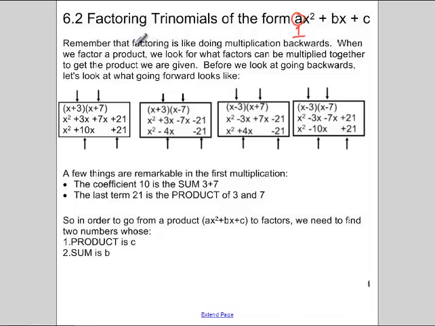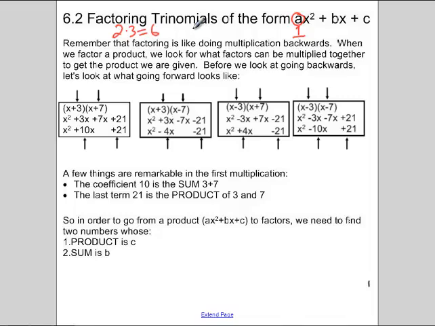In chapter 5, we talked about taking two factors and multiplying them together to get a product, something like 2 times 3 equals 6. 2 and 3 are factors, 6 is the product. We took a factor and a factor, multiplied the factors together and got a product.